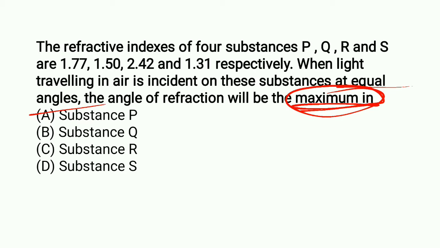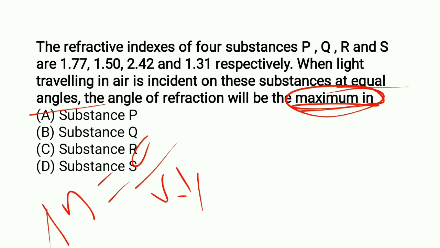In order to solve this question, we know the relation between the velocity of light in a substance and the refractive index: both are inversely proportional to each other. So where the speed of light is decreased, the refractive index is maximum. The refractive index is maximum in the substance where the speed of light is minimum.